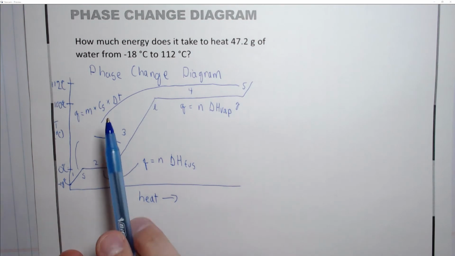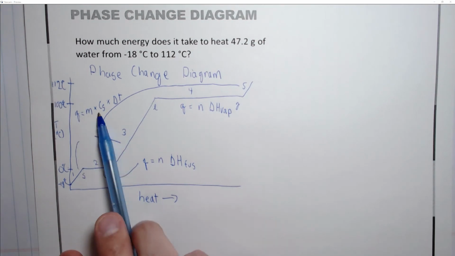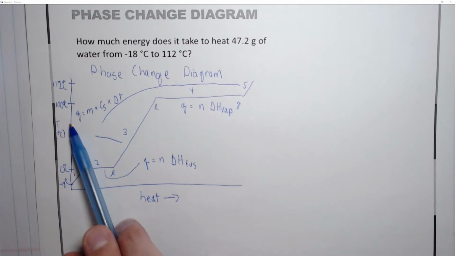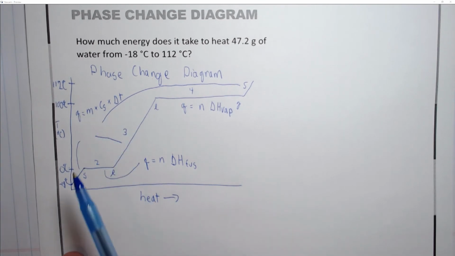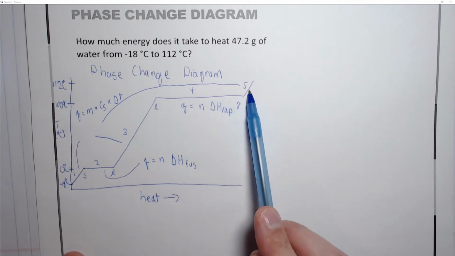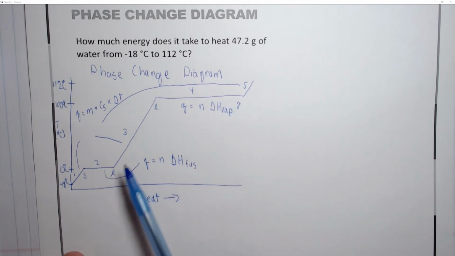Okay, so this is something we already did in a previous chapter. So basically, you are familiar with this equation. So this is how we're going to find Q for segments 1, 3, and 5. Okay, and these are how we're going to find Q for segments 2 and 4. So before we do that, we need to do a couple of things.